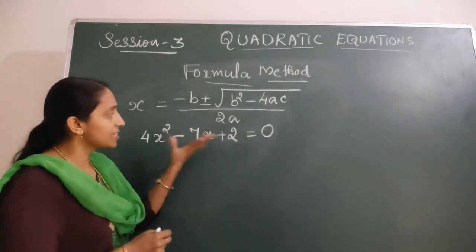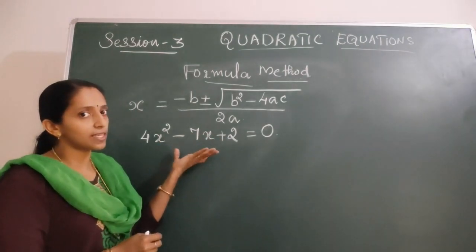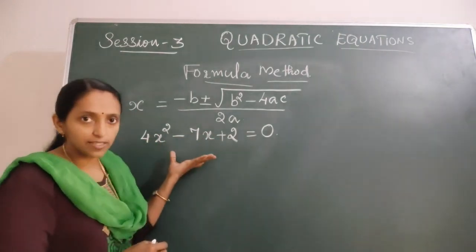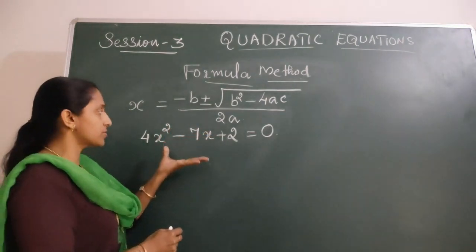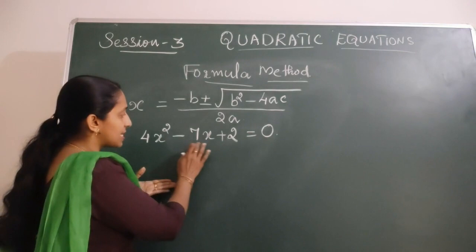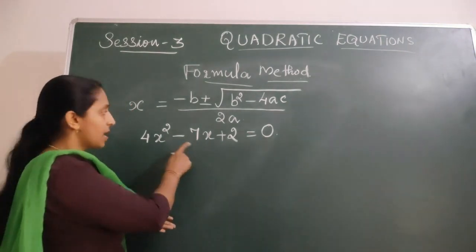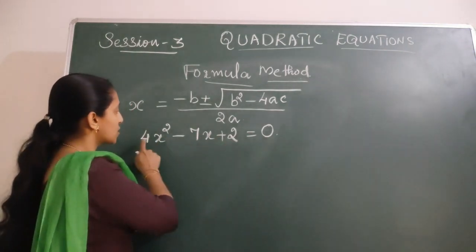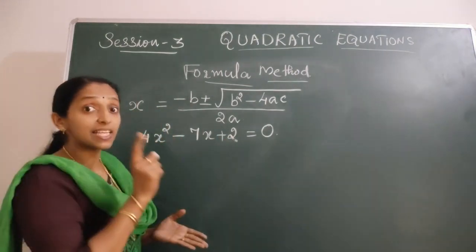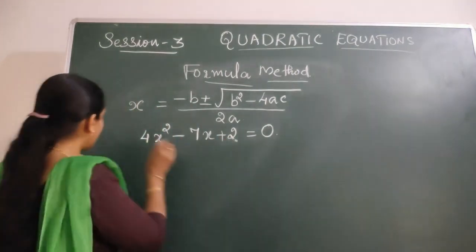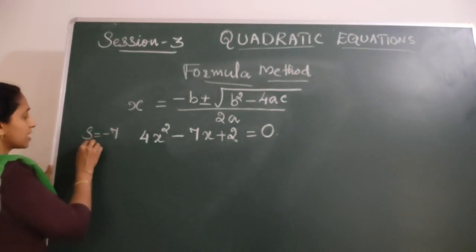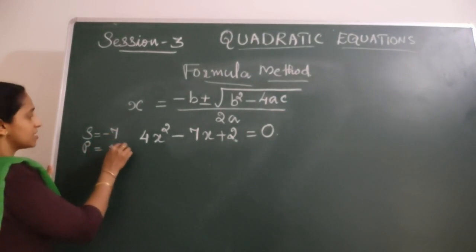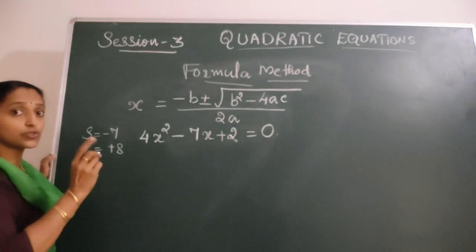Why are we applying the formula method here? Can you factorize this equation? You cannot factorize this equation because the sum is minus 7 and the product is 4 into 2, that is plus 8. Sum is minus 7, product is plus 8. That's not possible with two factors.